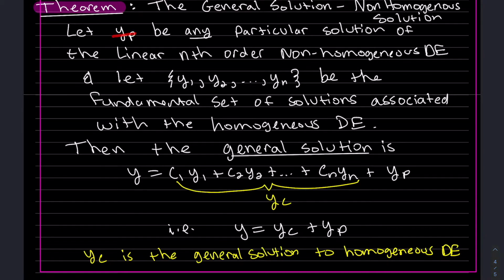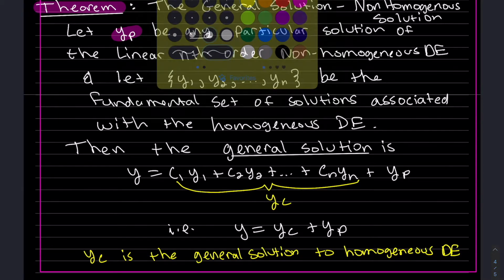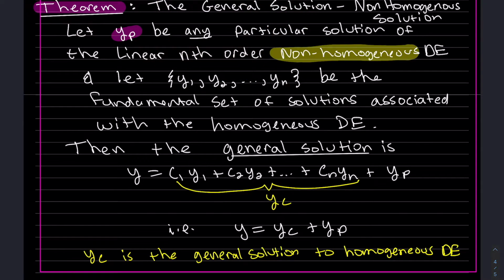So yp is any particular solution of the nth order non-homogeneous differential equation, and let y1 to yn be the fundamental set of solutions. Remember, if you take the fundamental set and put arbitrary constants in front of them, it's the solution to the homogeneous.